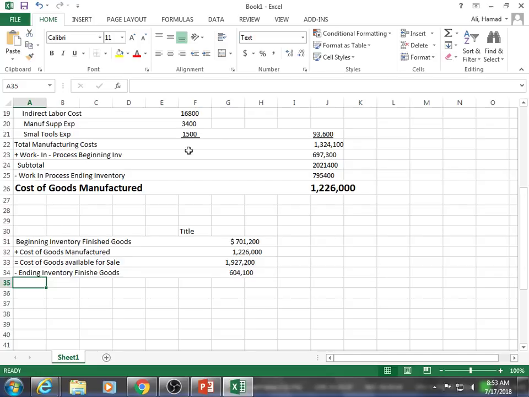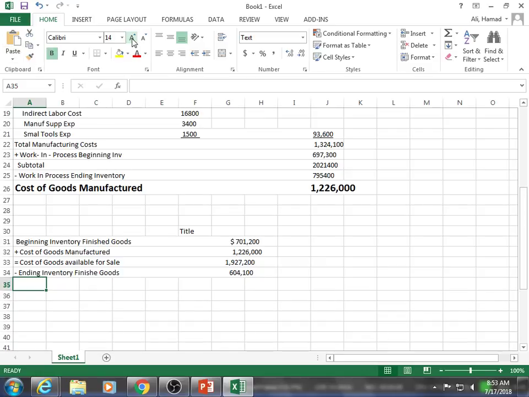So I'm going to bold it and increase the font. Cost of goods sold for a manufacturing business.